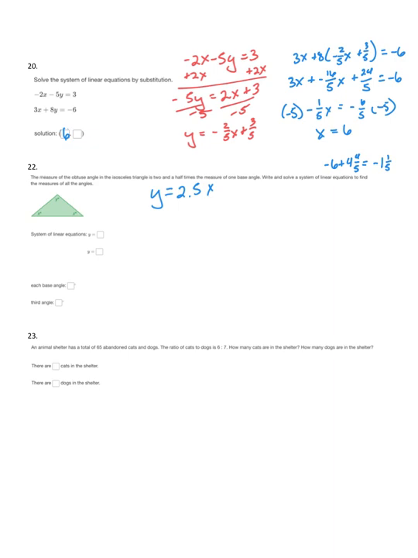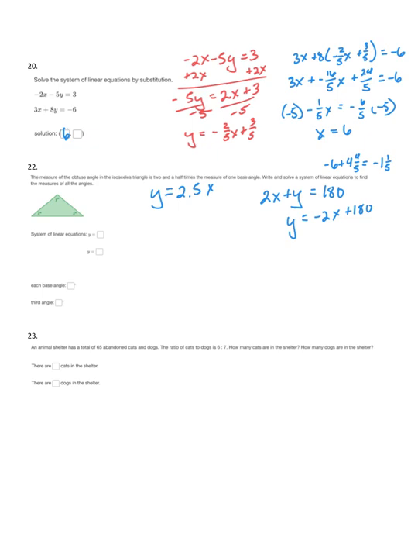And the other equation is going to tell us that 2x plus y, of course, equals 180. And it looks like they're asking us to solve both equations for y. So this would be y equals negative 2x plus 180. So I think you have enough information to go ahead and solve that for x and y. And of course, x is the base angle and y is that third obtuse angle.